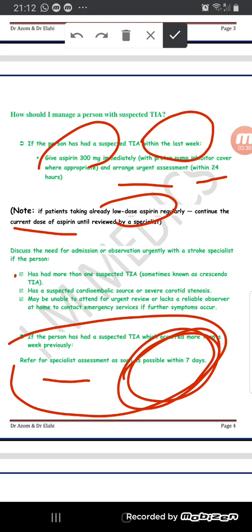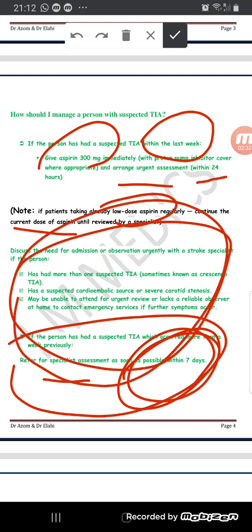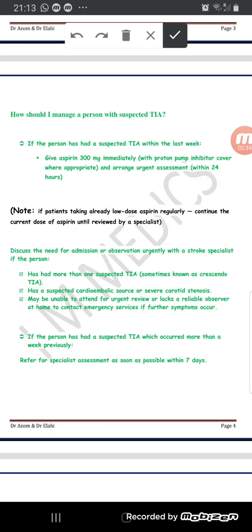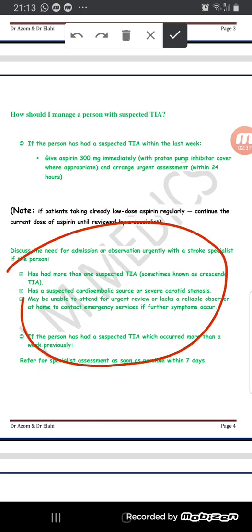Okay, this in the middle here, this is basically a bit of a concerning patient, we need to think about admission here, or at least urgent observation.